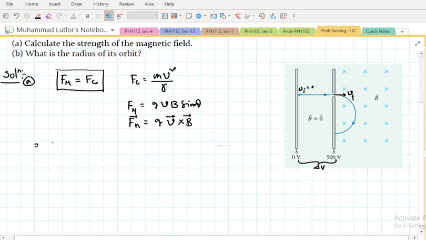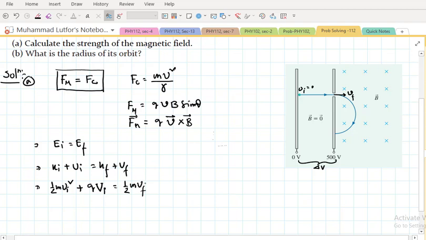So what would be that law? I can write that the total initial energy must be equal to the total final energy. That is, the initial kinetic energy plus the initial potential energy equals the final kinetic energy plus the final potential energy. The initial kinetic energy is half m vi squared, plus the initial potential energy q Vi, equals half m v squared plus the final potential energy q Vf. Here small v denotes the speed of the electron, and capital V denotes the electric potential.